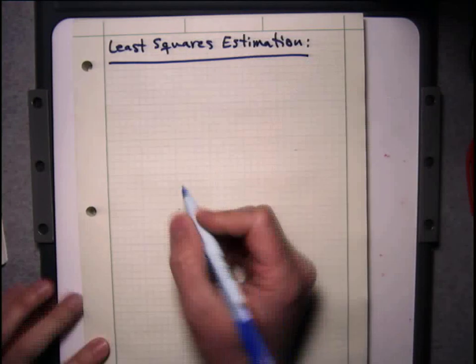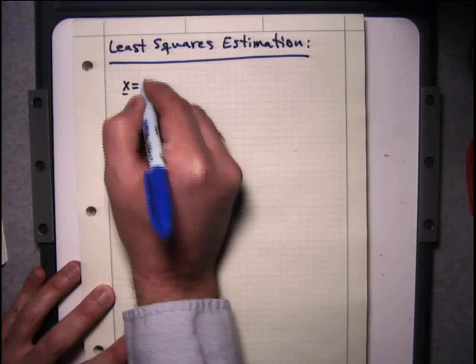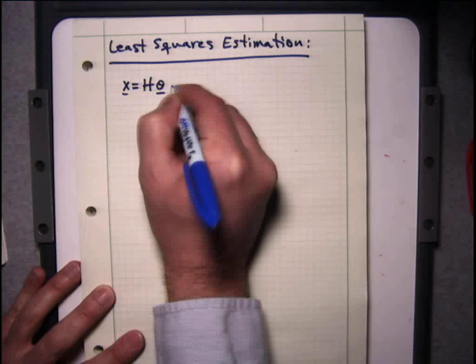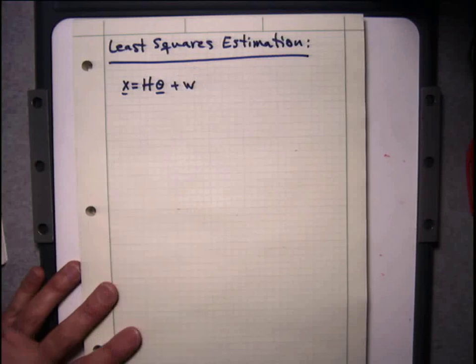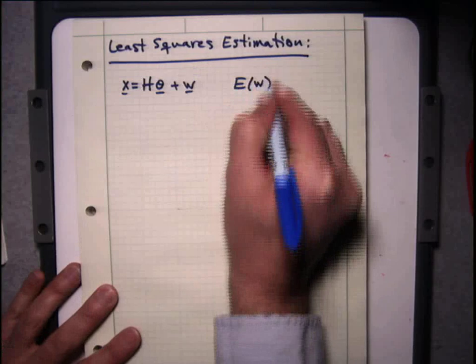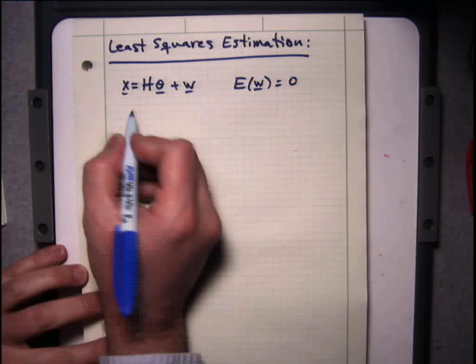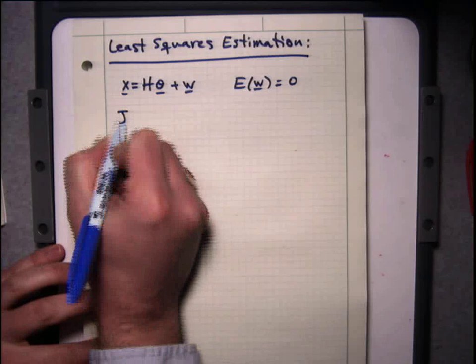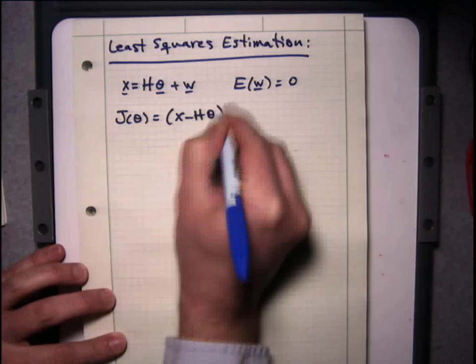If you remember, we talked about linear least squares, or least squares estimation for a linear problem, where the problem of interest was of this sort, and the only thing that we assumed was that this W was zero mean. Aside from this, we didn't make any distributional assumptions, and the cost function that we minimized was the following.